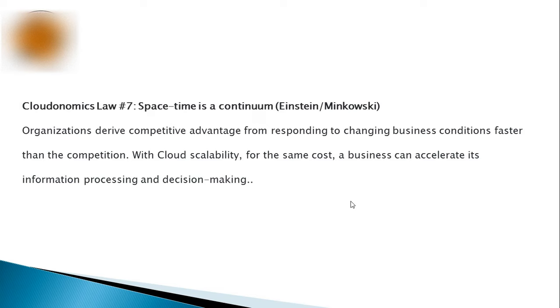Every business is trying to chase the other business, so they are working very hard to make the biggest profit from their operations. So what they need is scalable technology. For that they can use cloud in their services, so that they are able to make good decisions. They can create strategies for the competitors. So that is what we have in law number 7.